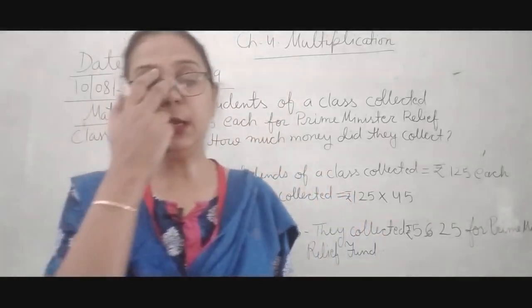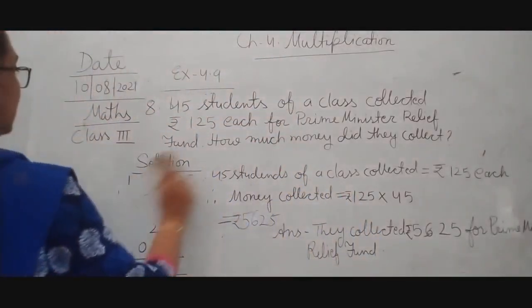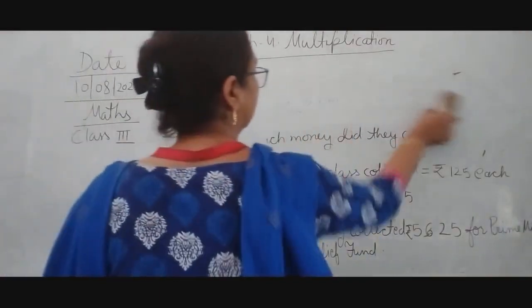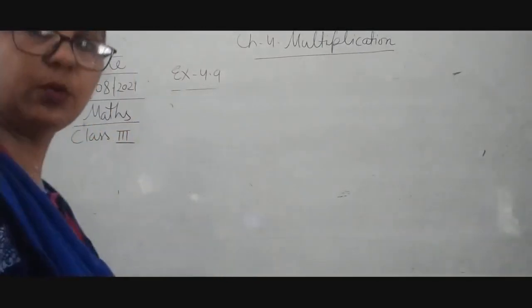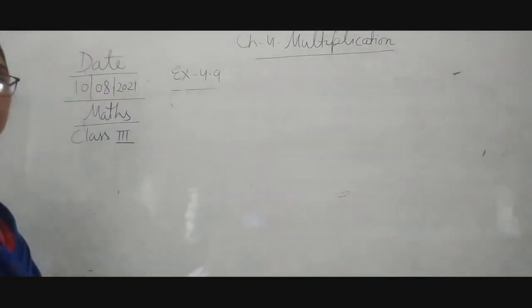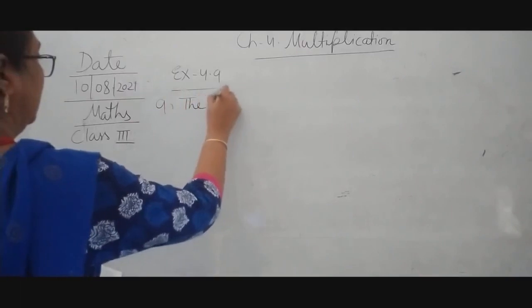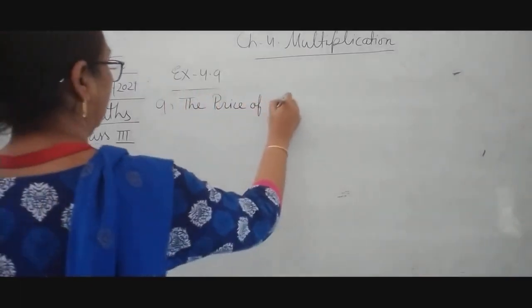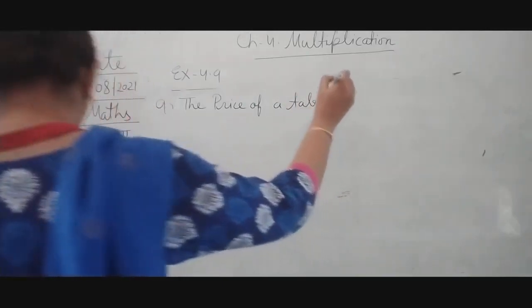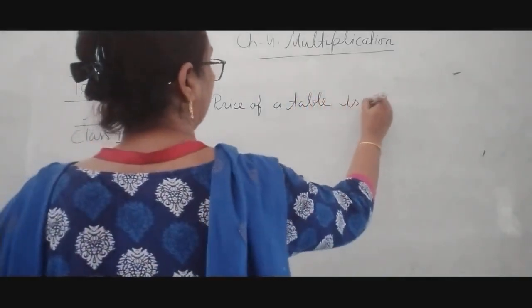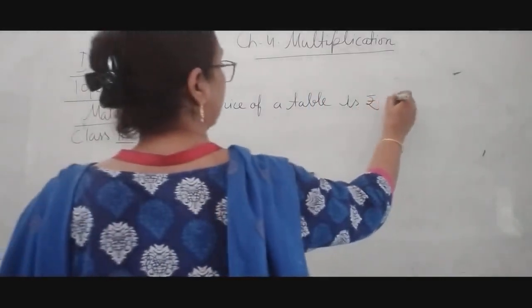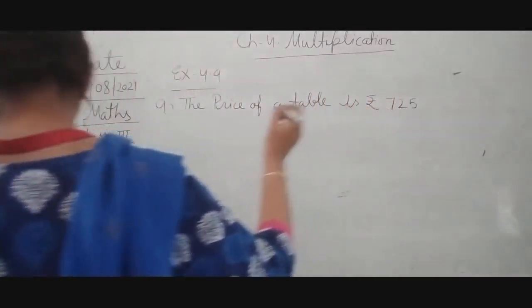So children, let's write number 9. The price of a table is rupees 725.